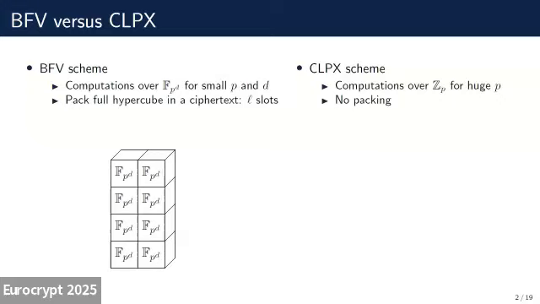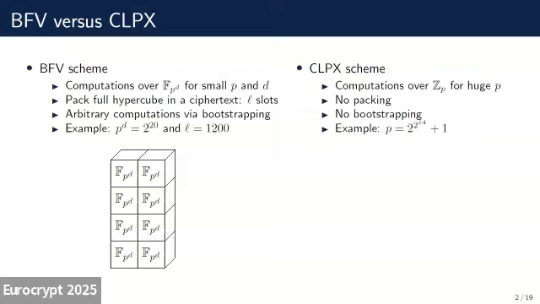Another difference is that in the BFE scheme, we can pack multiple of these finite field elements into a ciphertext. And in this presentation, I will visualize this with these kind of hypercube structures. So in this toy example here, we would be able to pack 8 slots. Another difference is that in the BFE scheme, we can do arbitrary computations that can be interpolated over a finite field via the bootstrapping method, whereas in CLPX, no efficient bootstrapping is known.